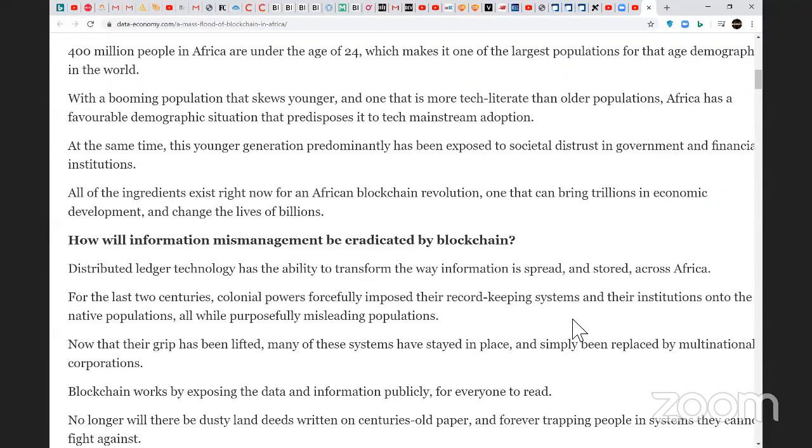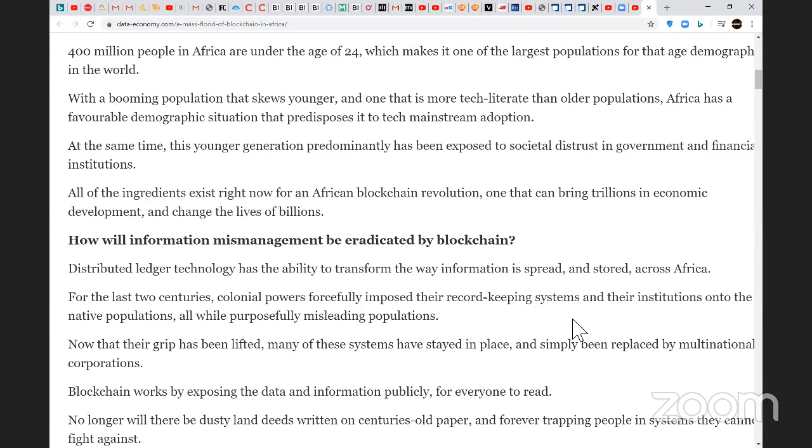With a booming population that skews younger and one that is more tech literate than older populations, Africa has a favorable demographic situation that predisposes it to tech mainstream adoption. All of the ingredients exist right now for an African blockchain revolution, one that can bring trillions in economic development and change the lives of billions.